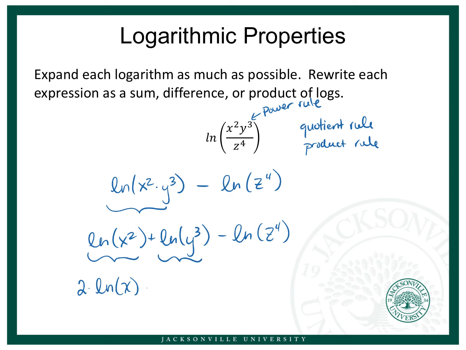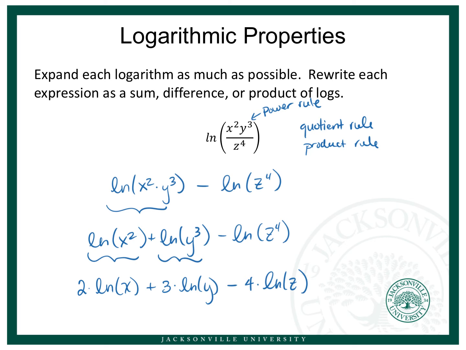Here, applying the power rule, that's the same thing as 3 times the natural log of y. And the natural log of z to the fourth is the same thing as 4 times the natural log of z. You'll see again how the power rule will help us solve problems later on in section 6.7.